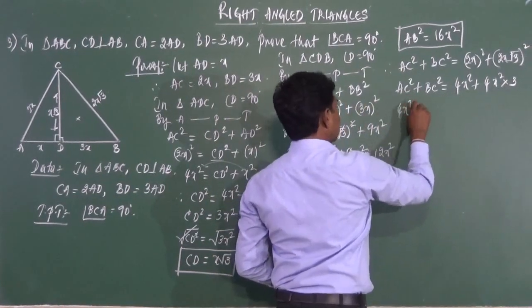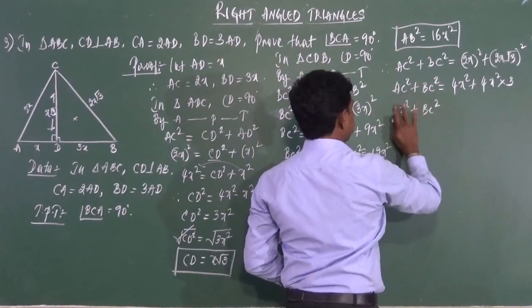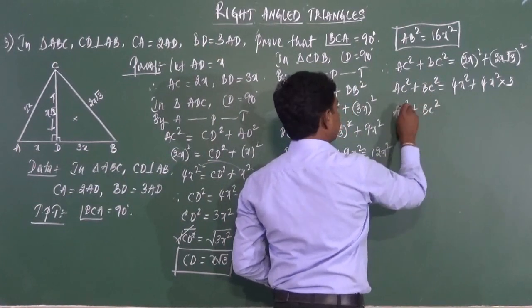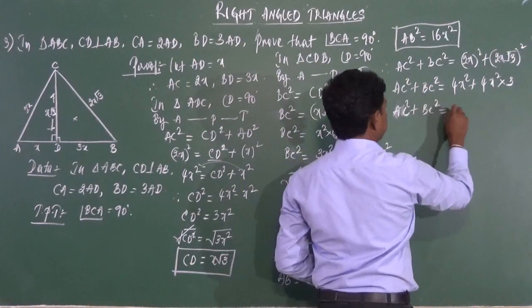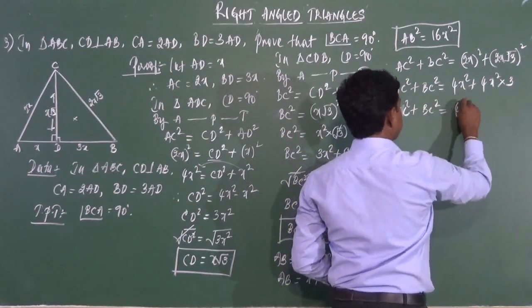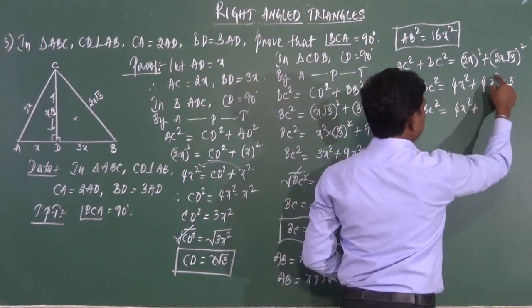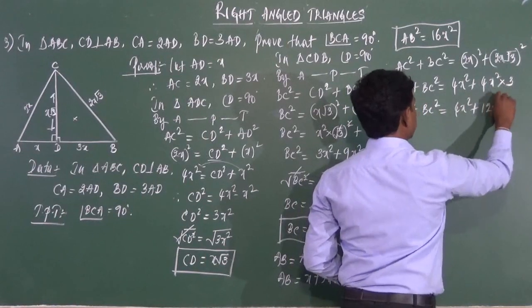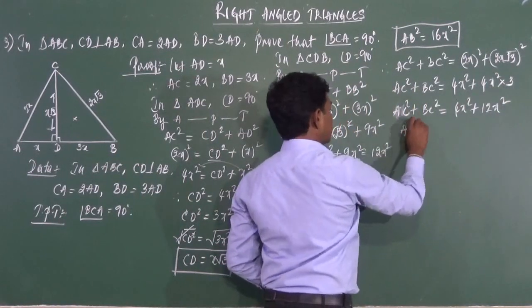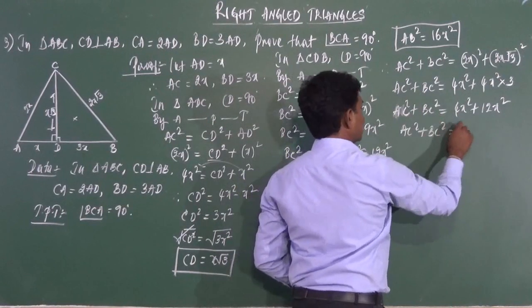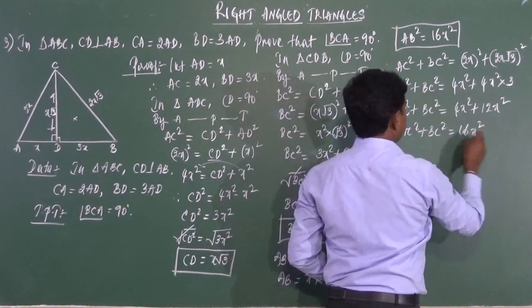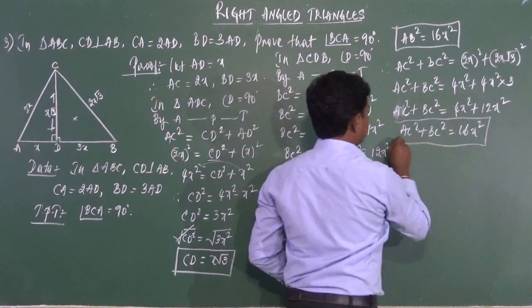So AC square plus BC square is 4x square plus 4x square into 3, that is 12x square. So AC square plus BC square is equal to 16x square. You can put it inside a box.